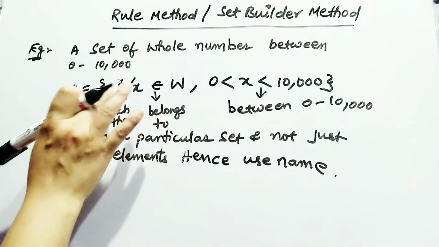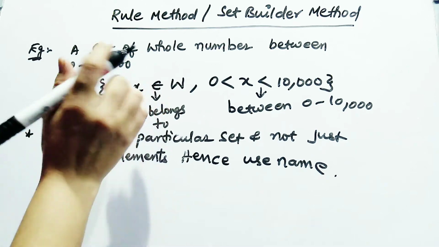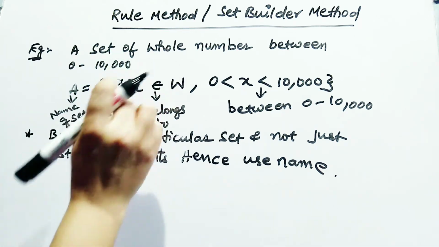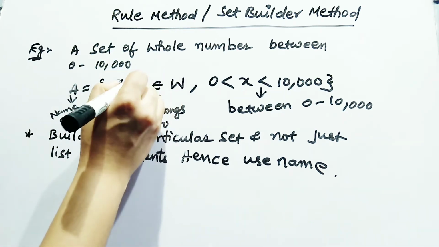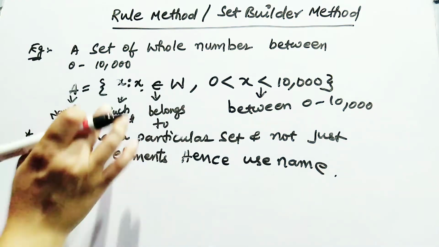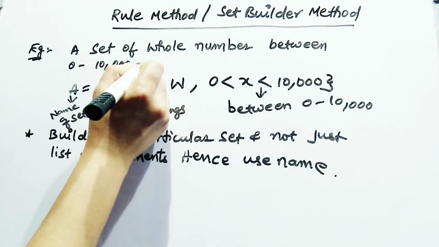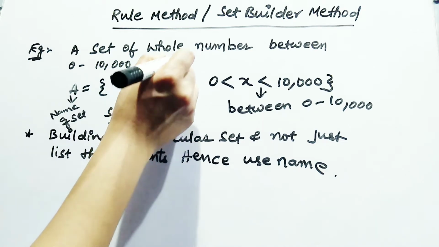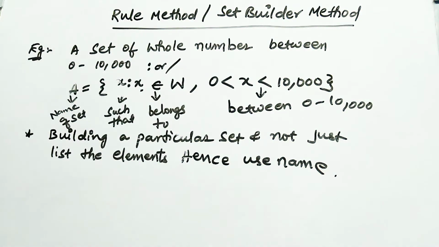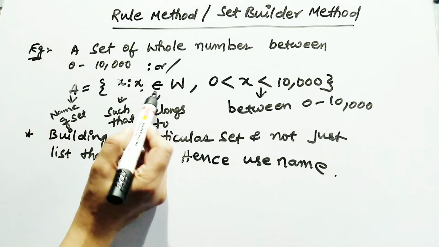You can write x such that x, or instead of that you can write a colon. X colon x. Okay, there are two methods. Either you can write a colon or this symbol, the slash. Okay, this is your rule method. You will use belongs to.